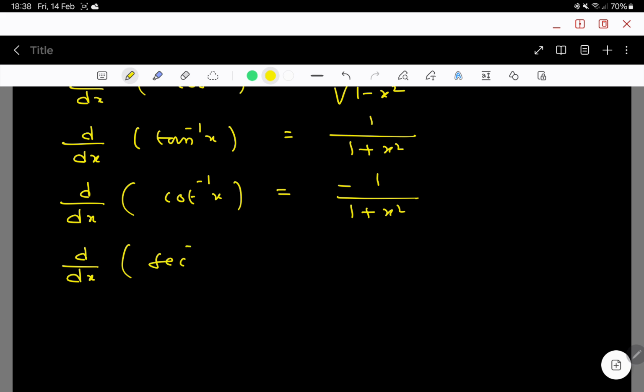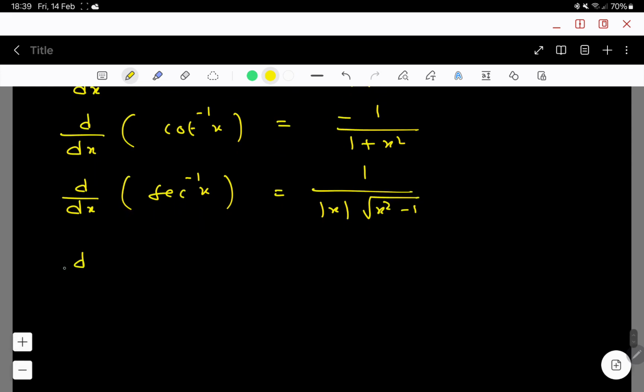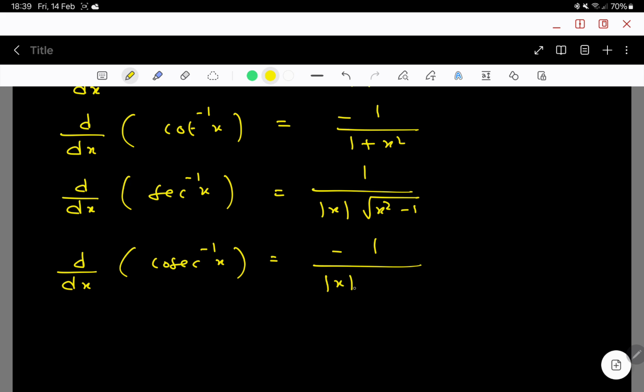D by dx of secant inverse of x, 1 by mod of x into root of x square minus 1. D by dx of cosecant inverse of x. Okay, so we write minus 1 by mod of x into root of x square minus 1.